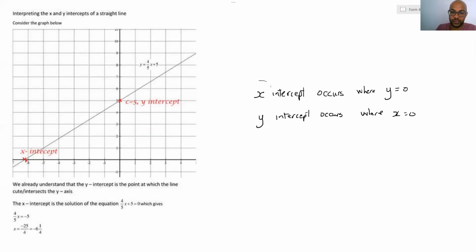Now let's look at it on the graph. On the graph that I have here, this is the line y is equal to 4/5 x plus 5. So if we plot this graph, this is what we're going to get. We said the x-intercept, looking at this one first, occurs where y is 0. Now, where's my y-axis? This is my y-axis here.